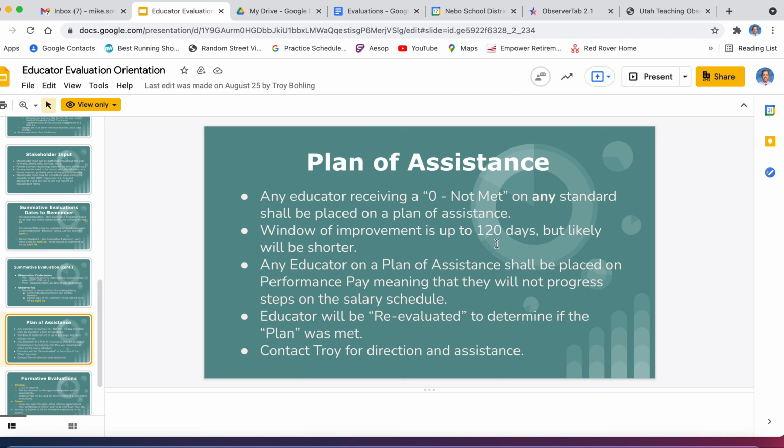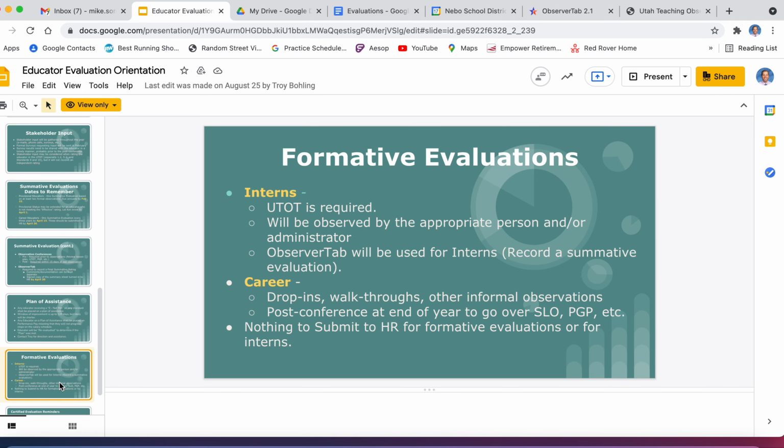But again, remember, you have 120 days to do that, so most likely, if that were to occur, it wouldn't affect your pay if that evaluation improved within the school year. The educator will be reevaluated to determine if the plan was met. So if this happens, we'll meet multiple times, and we're going to keep going.